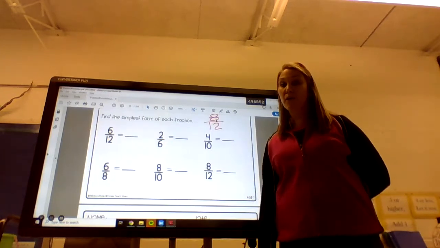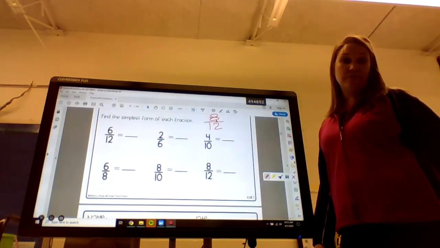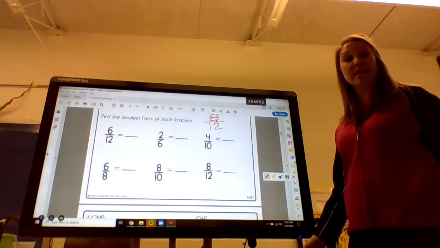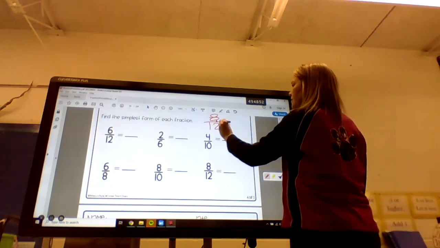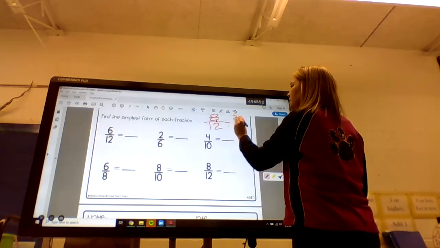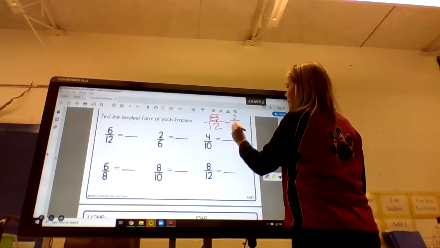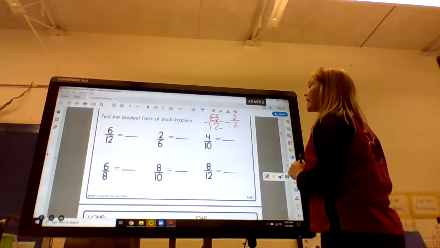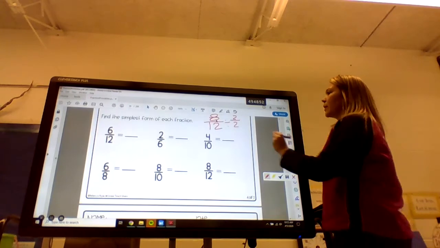So I know that I can divide 2 into 8 and 2 into 12. So that's what I'm going to do. I'm going to be fair to fractions. 8 divided by 2, 12 divided by 2. You have to divide the top and the bottom by the same number.